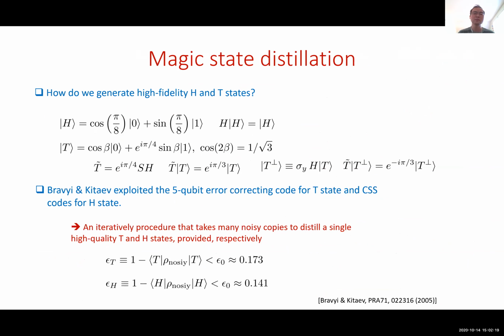Okay, so the point of this paper, which is a bit technical, is that we can generate high fidelity H and T states. I won't describe the procedure. This could be in itself a paper if somebody wants to present it in a final presentation.